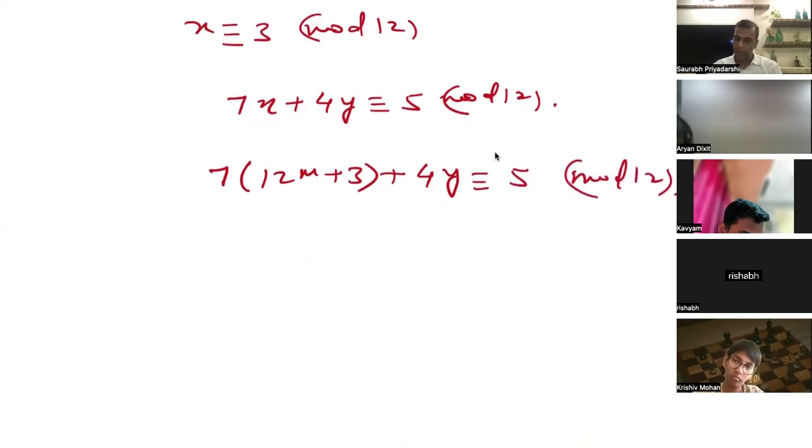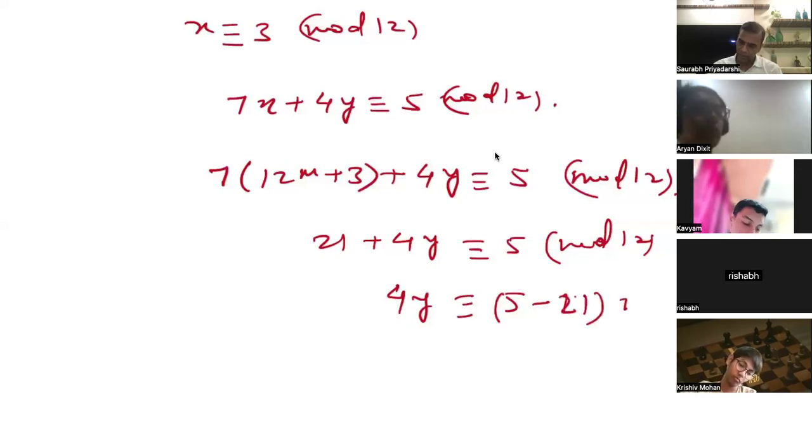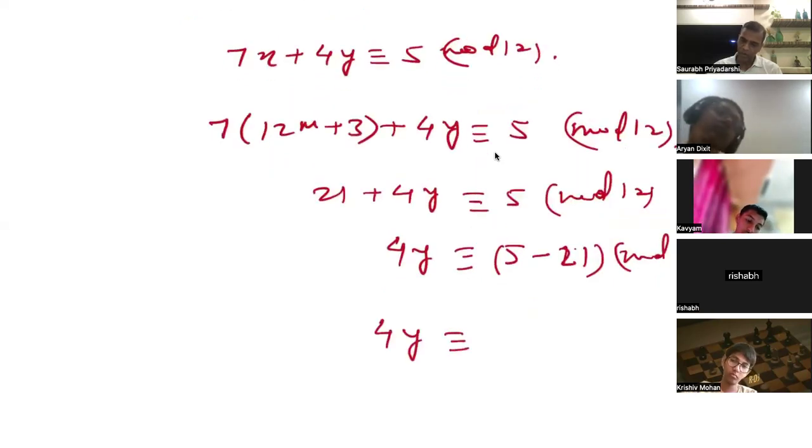So this will be 21 plus 4y congruent to 5 mod 12, and the same as 4y congruent to 5 minus 21 mod 12. That means 4y would be 8 mod 12.